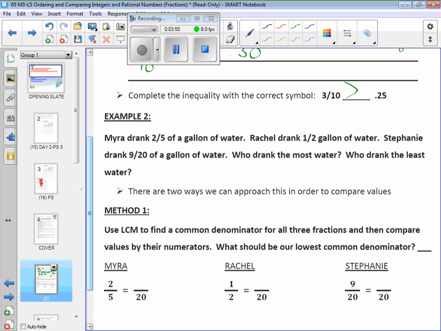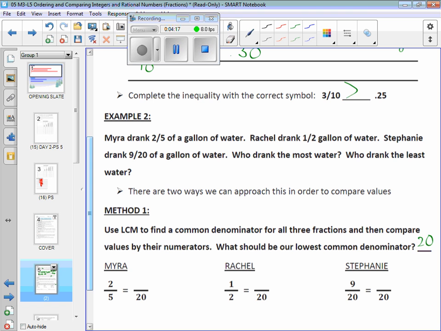Well, you can, but it doesn't go in evenly. It would work, but there's a smaller number. Yeah, 20. You want the smallest number that all 3 can go into. Okay, that's what LCM is.